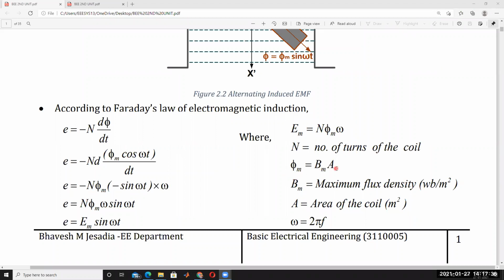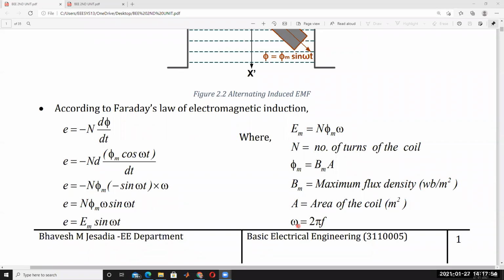Flux phi is equal to B into A. B is the magnetic flux density, A is the cross-sectional area of the coil. Bm is the maximum flux density in Weber per meter square, and A is the area of the coil in meter square. And omega is equal to 2 pi f.